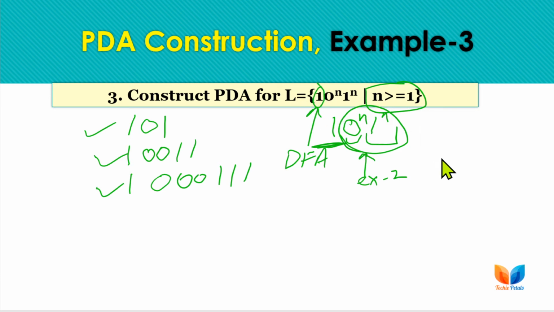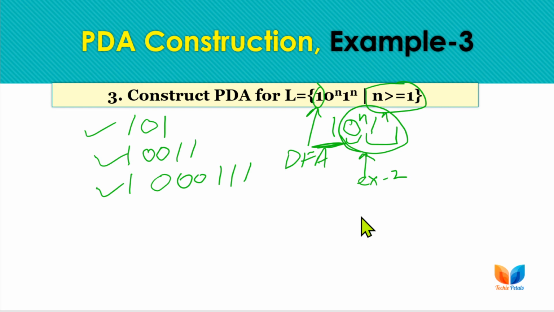Remember, we push some symbol onto the stack if and only if we require it to match with some other symbol, or to count the match with another symbol. Otherwise we can just receive the input and move to the next state by keeping the same stack top.